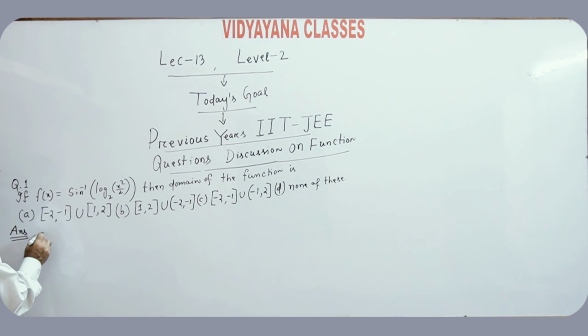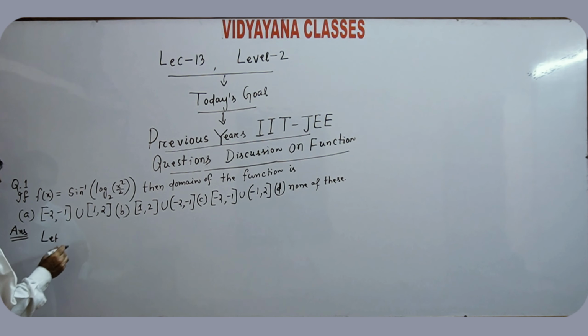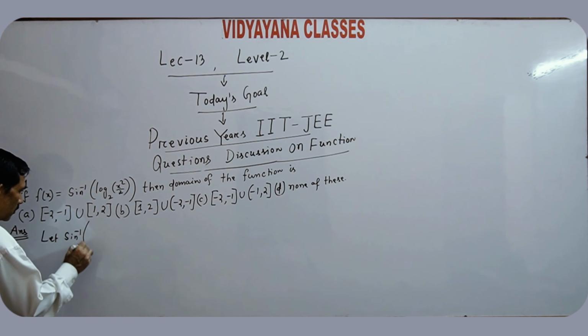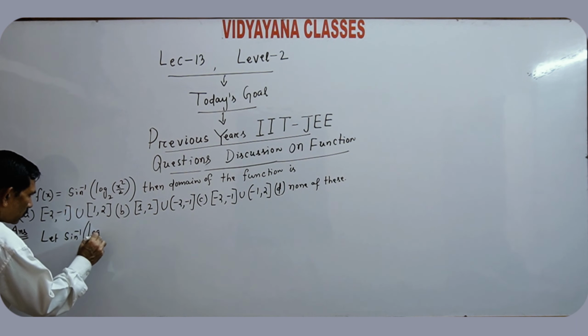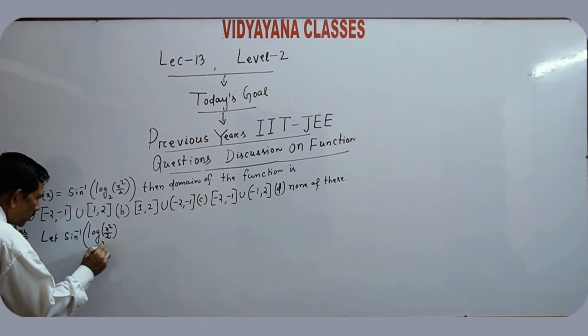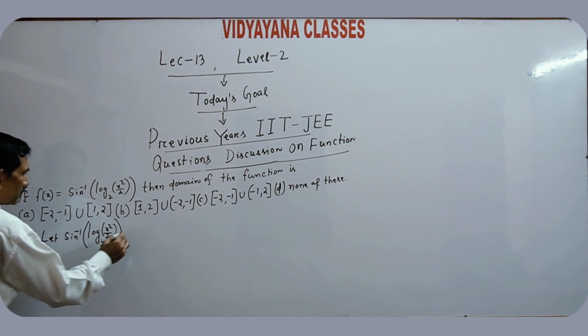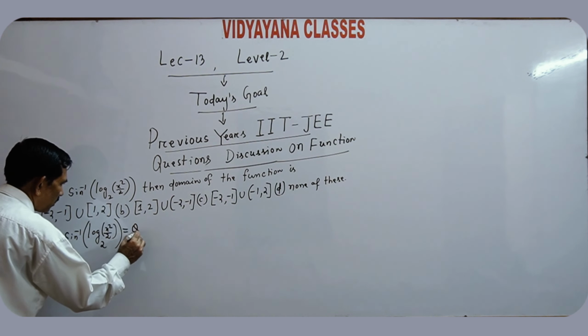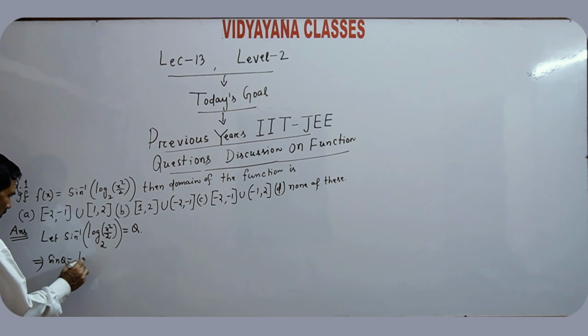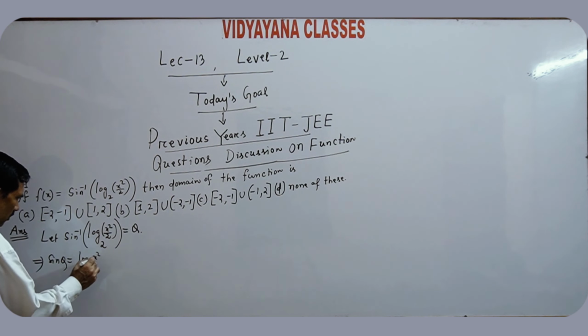Let sin inverse of log of x squared by 2 with base 2 be equal to theta, which implies sin theta is equal to log of x squared by 2 base 2.